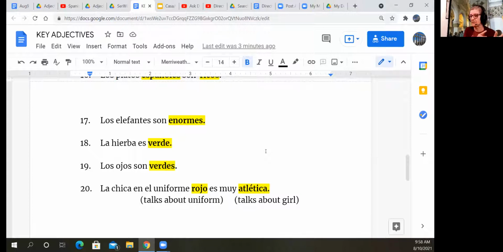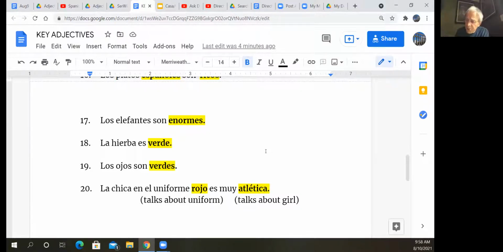Oh, so we have to understand the context, right? Rojo talks about uniforme. So it becomes el uniforme rojo. But la chica es atlética, es muy atlética. Atlética is not talking about the uniform, it's talking about the girl. Atlética has to go into a feminine form. Okay?